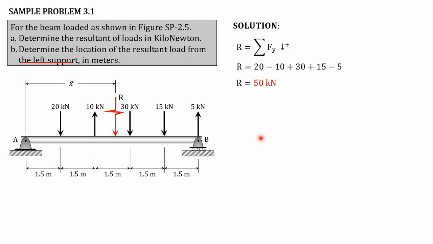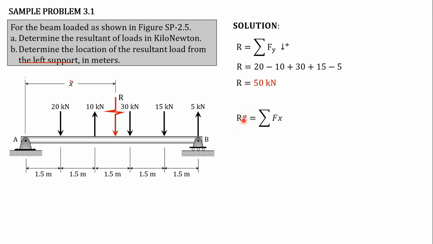Okay, so that's why, class, we can say that R times bar x is the moment produced by the resultant force R times its moment arm bar x.